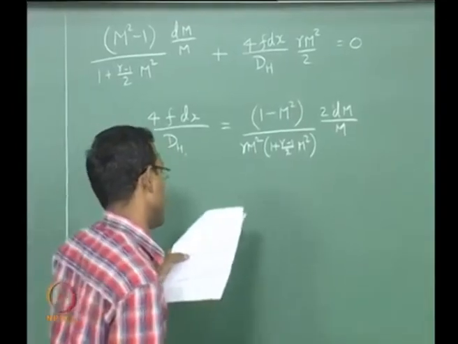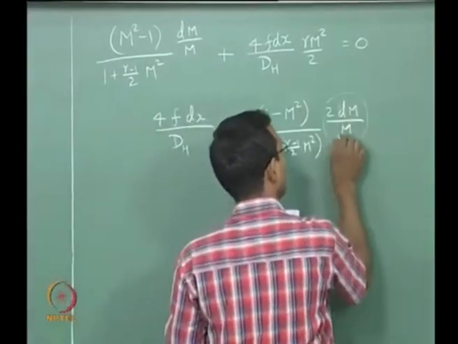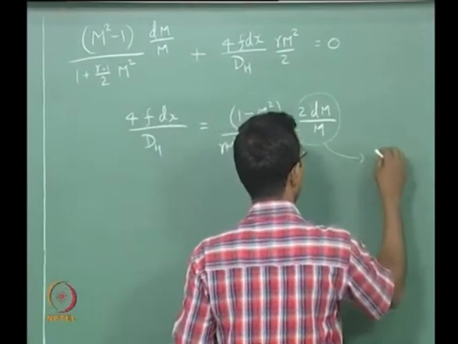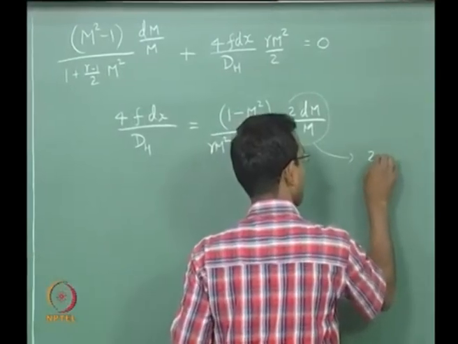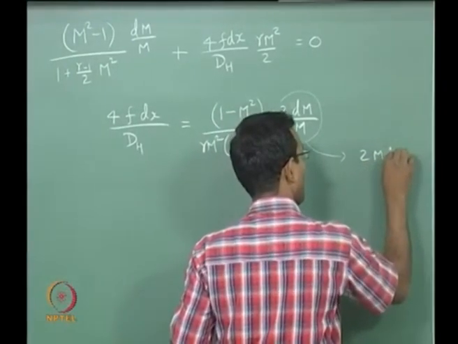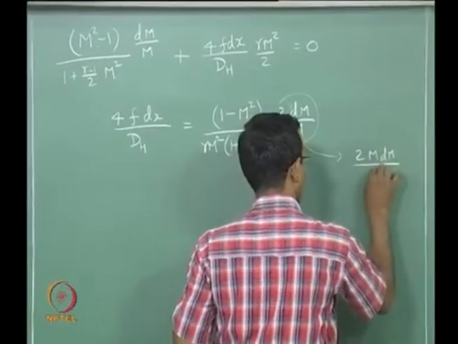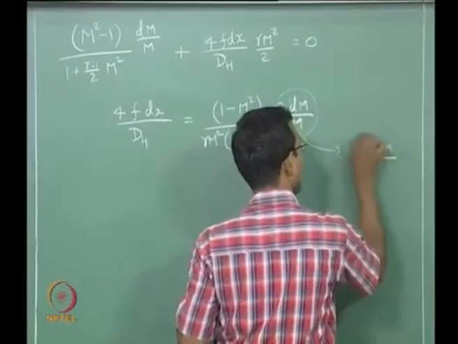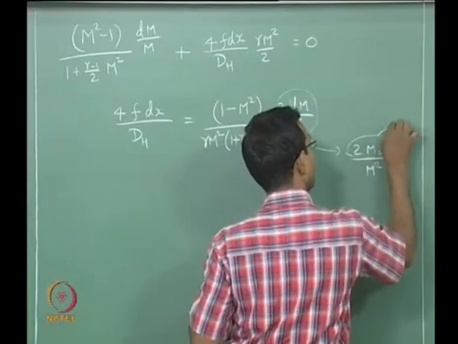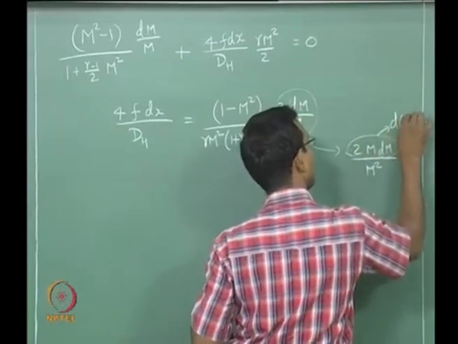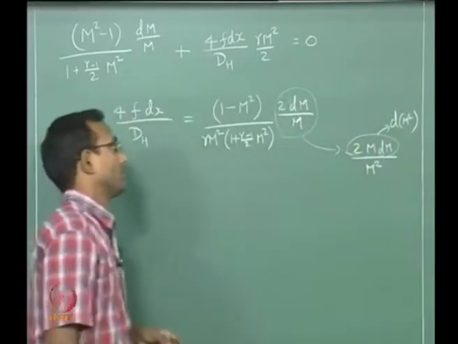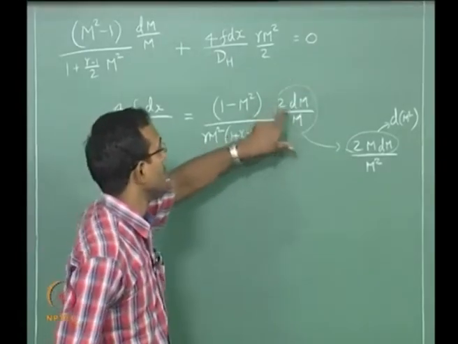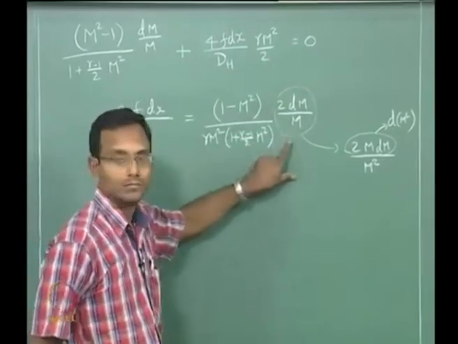Now I just want to rearrange this 2 dM by M as 2M dM by M square. Now this 2M dM can be written as d of M square. So this whole term becomes d of M square by M square.